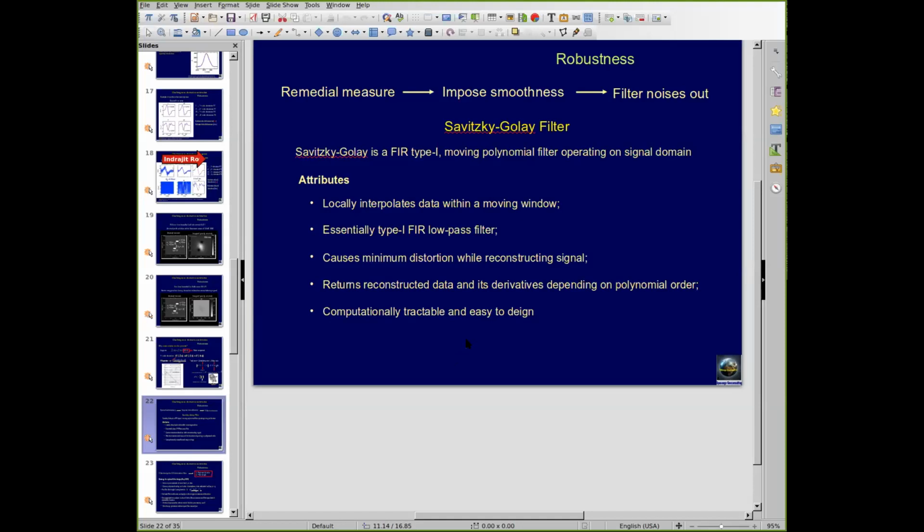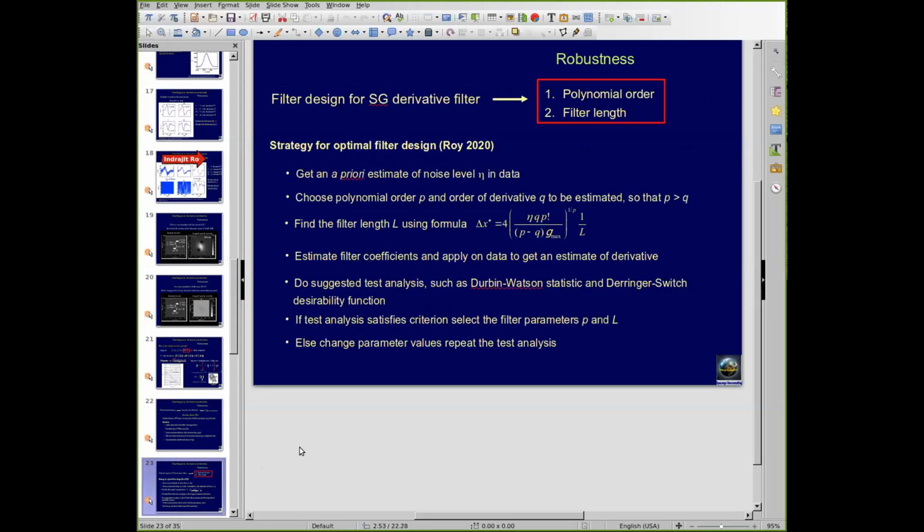The most important thing is that it creates minimum distortion while reconstructing the signal, returns reconstructed data and its derivatives simultaneously, and is computationally very tractable, very easy to design. Keeping these things in mind, I have recently developed the design of this SG derivative filter, which has been presented in a paper at Geophysical Prospecting, you can find it.